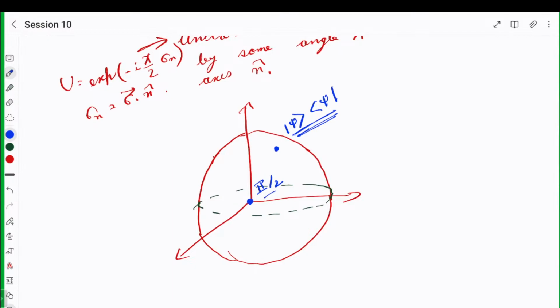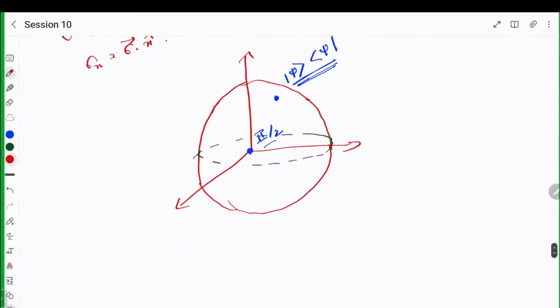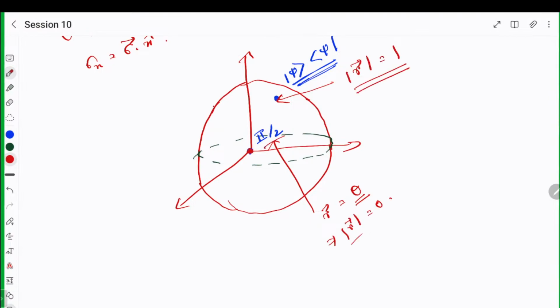No. Why not? Because they are at different distances from the origin. I by 2 is itself the origin. So for I by 2, the r vector is nothing but the null vector. For this pure state psi, mod r vector will be 1. So they are at different distances from the origin, so they are not unitarily connected.